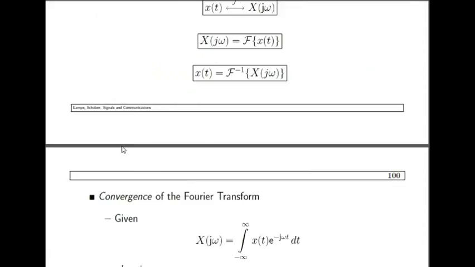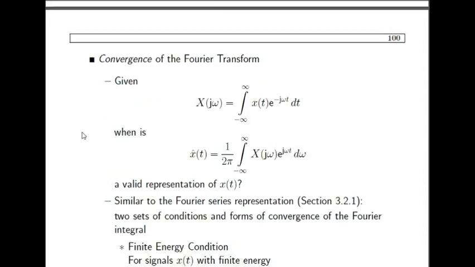Now let's see the convergence of the Fourier transform. We are given X of j omega equal to this, and we are trying to find out whether x hat of t equals 1 upon 2 pi, integral from minus infinity to infinity of X of j omega e to the power j omega t d omega, is a valid representation of x of t.